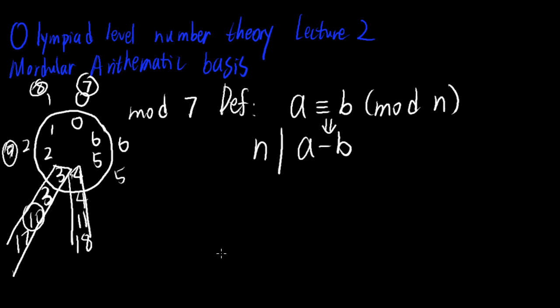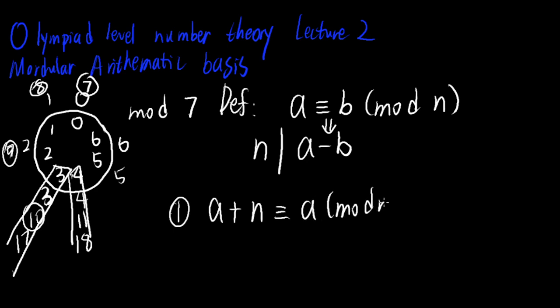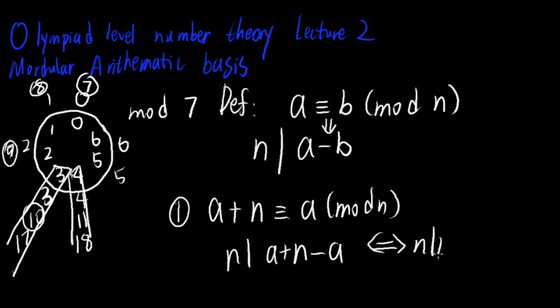So we can prove some basic facts. For example, we can prove that A plus n is congruent to A modulo n. This is the same as proving that n divides n, and we know that this is true.